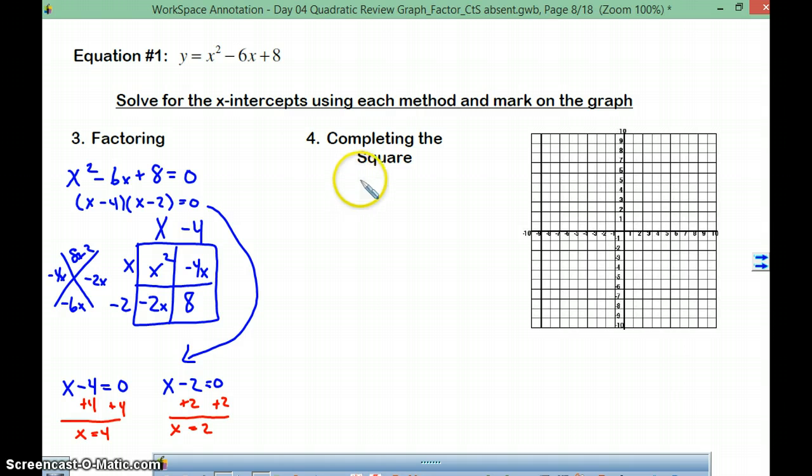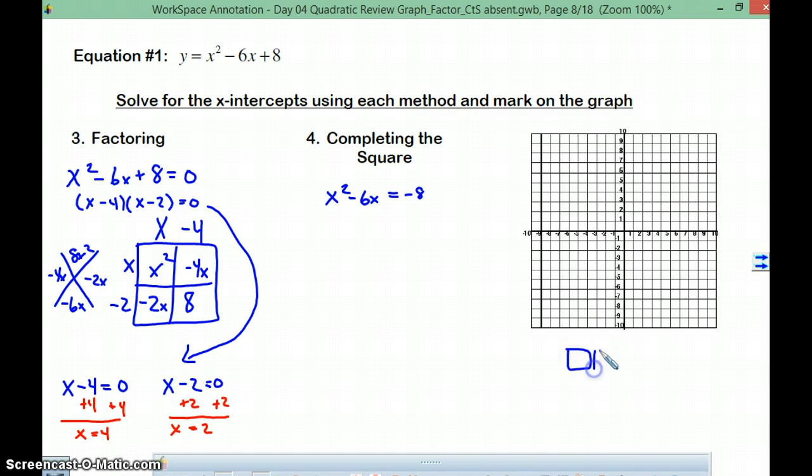All right, let's try it by completing the square. If we're completing the square, the first step is to move the constant term over to the other side. So let's write x squared minus 6x equals negative 8. And now let's figure out what our c value should be.